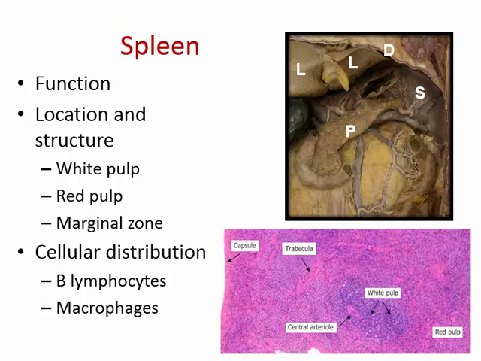Okay. When you are looking at the spleen, it's going to be a very unique architecture because of the fact that you will have basically two unique, distinct areas. You're going to have an area called white pulp, and you will have an area that is going to be down here.